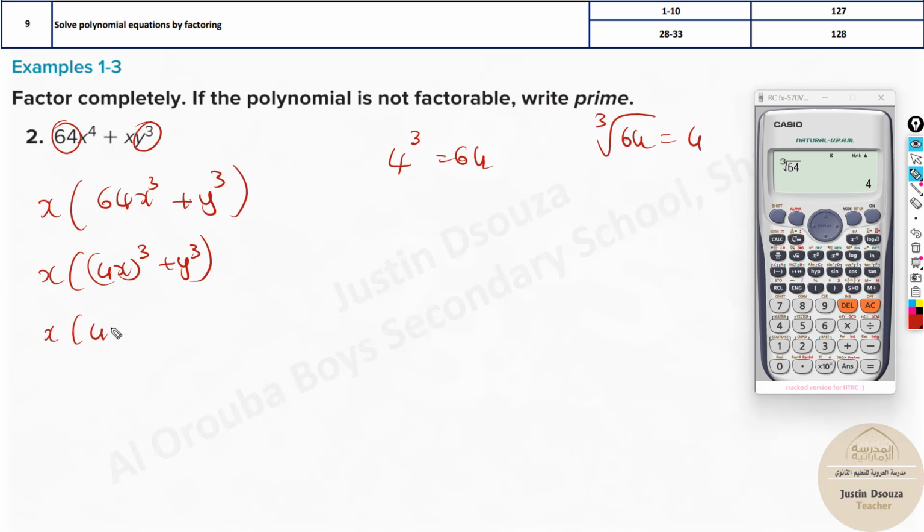It is 4x plus y, that's one term. And then the other term is the 4x whole square, not cube, it's the square, so it is 16x squared, minus, multiply these two terms, ab, that is 4xy, plus, and lastly y squared. This is the answer. You can multiply the x inside, that's fine.